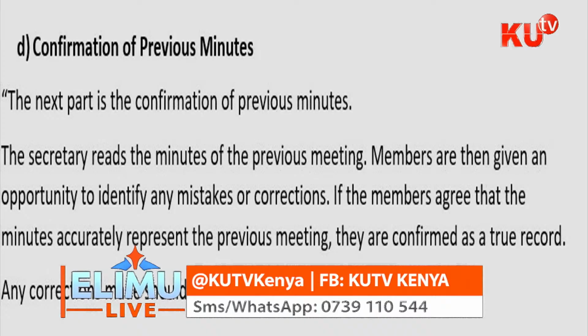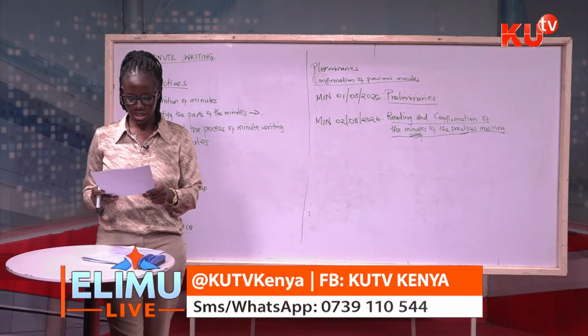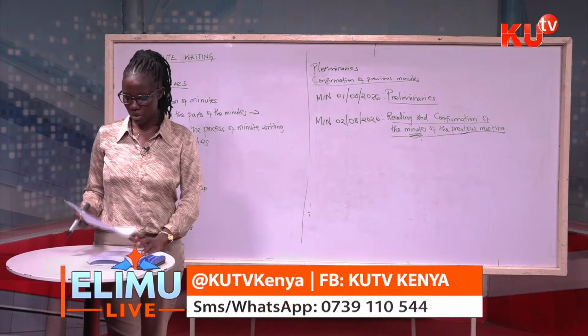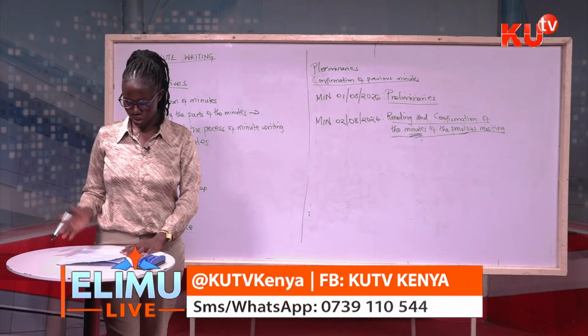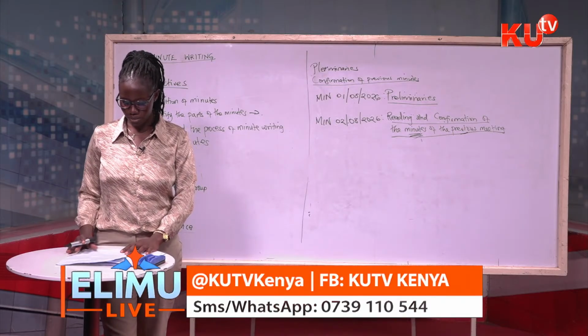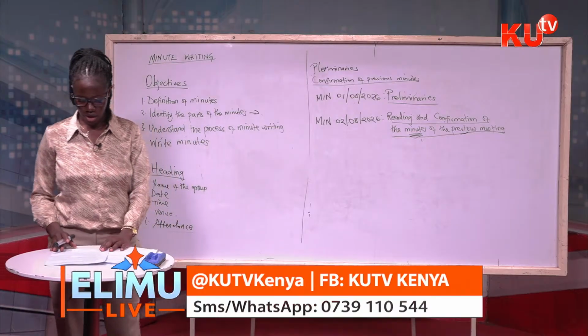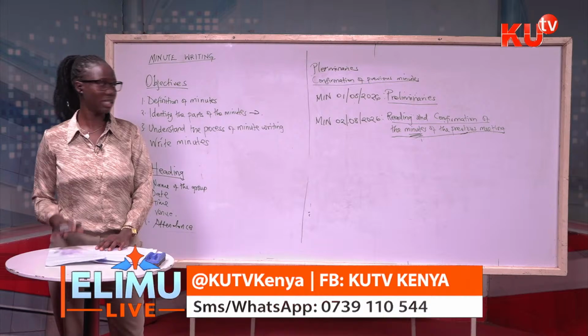The secretary read the minutes of the previous meeting. The members went through the minutes and confirmed them as a true record of the previous meeting. This was proposed by Kamau J as being true records of the previous meeting, and seconded by Achieng William as the true records of the previous minutes.